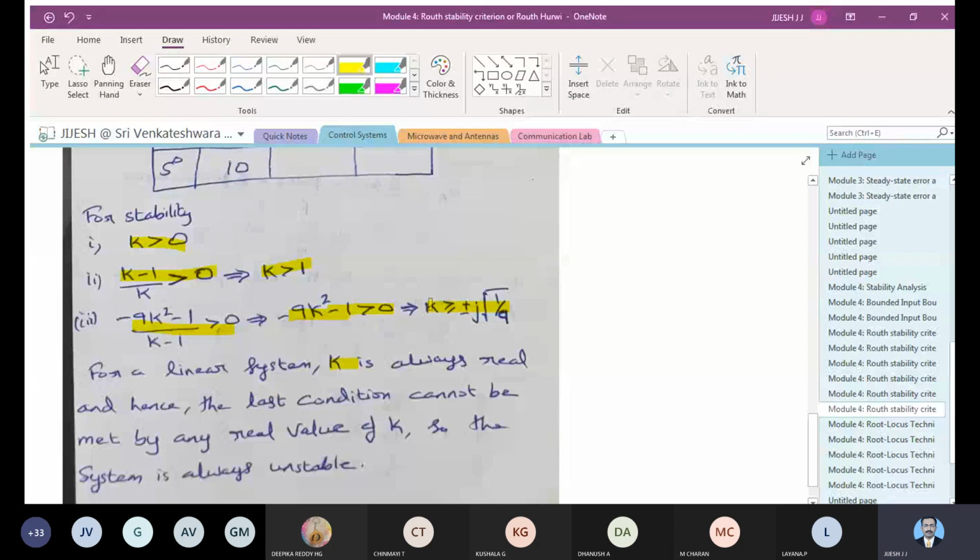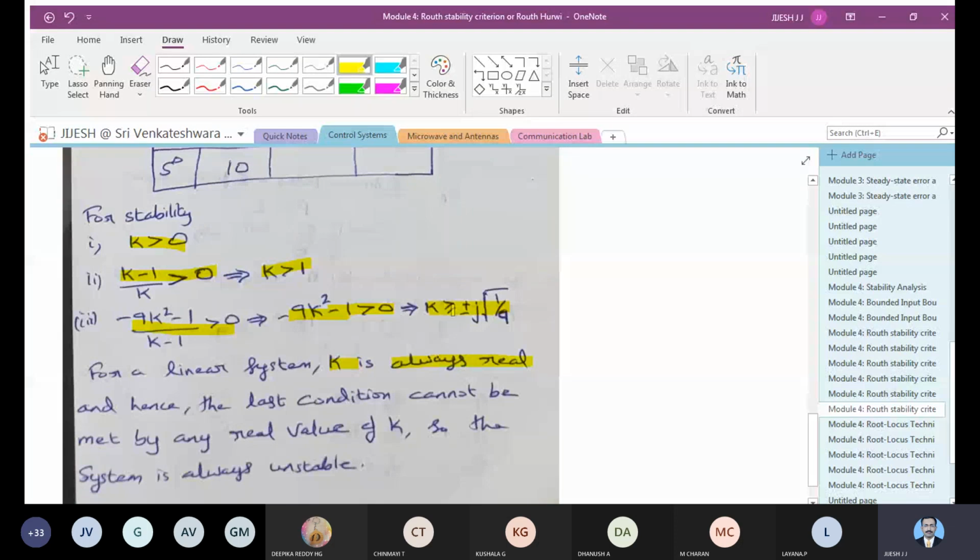That is what I wanted to specify here. You can see that here it is coming plus or minus. If it is a positive term, it will be a stable system, but if it is a negative term, it becomes an unstable system. So it is not giving a clear answer because it is an imaginary number. So k has to be always real. It cannot be an imaginary number. So please note down this thing.